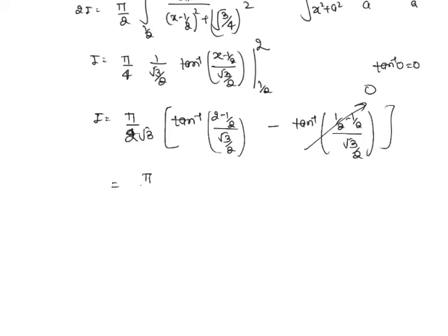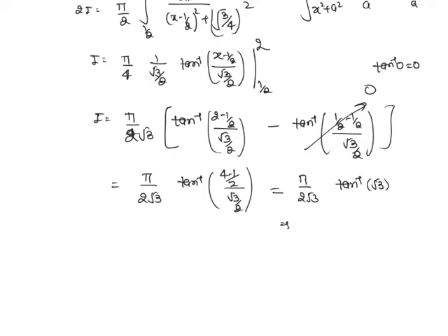So pi by 2 root 3 tan inverse, 3 by 2 divided by root 3 by 2. So this will equal pi by 2 root 3 into tan inverse root 3. So this is nothing but pi by 2 root 3 into pi by 3, since tan inverse root 3 is pi by 3. So this will come as pi square divided by 6 root 3.